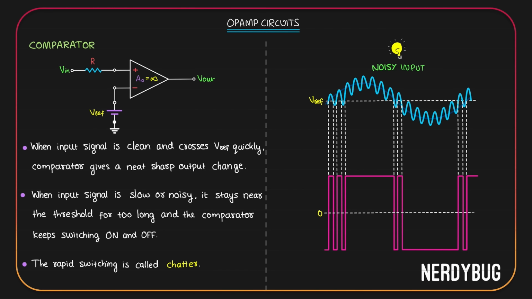This phenomenon is called chatter. We saw this happening for a noisy input. It can also happen for a slow input. It may hang around the threshold for longer, and this can also cause chatter. So a simple comparator cannot handle noisy or slowly changing signals. It panics near the threshold. We need a technique to avoid this.